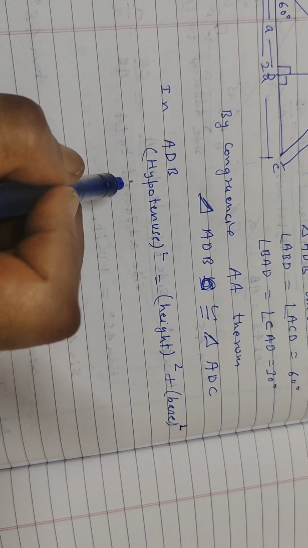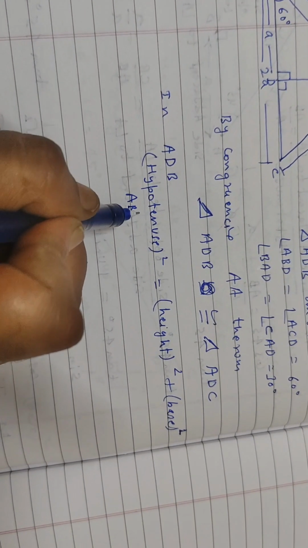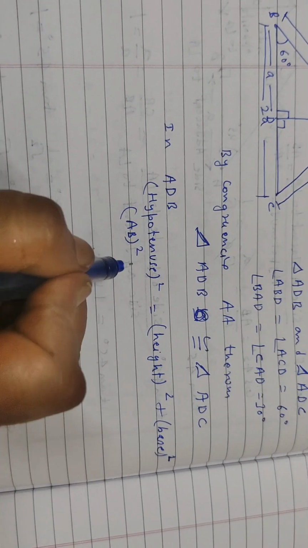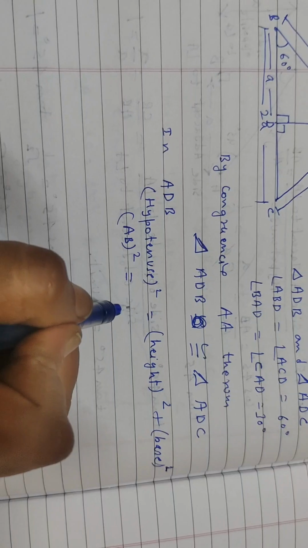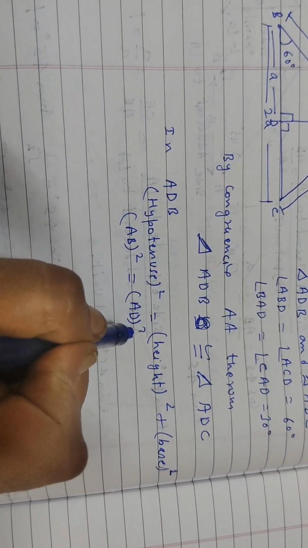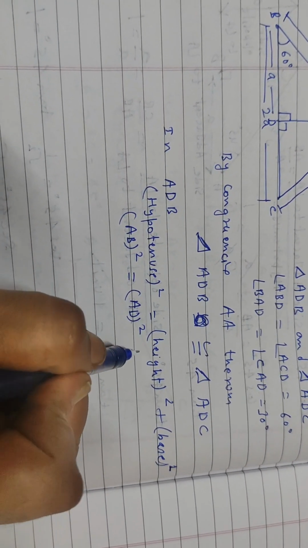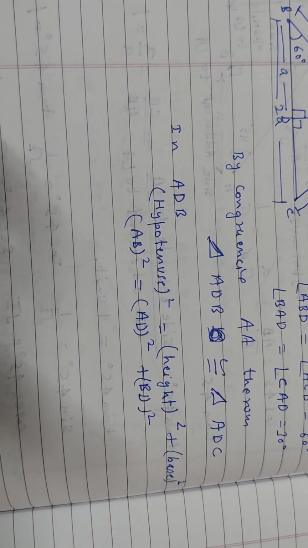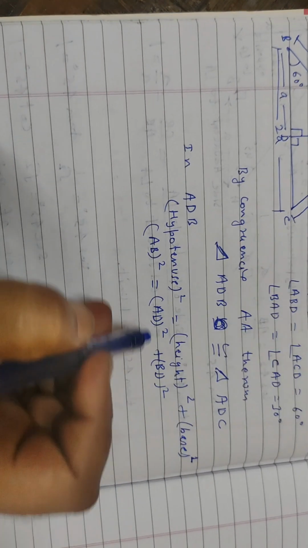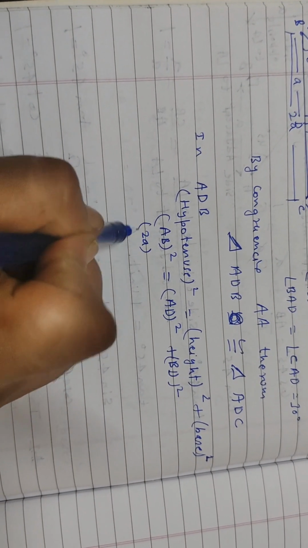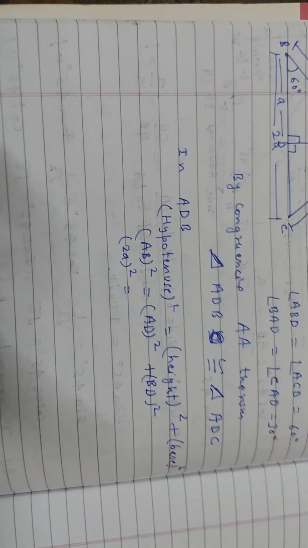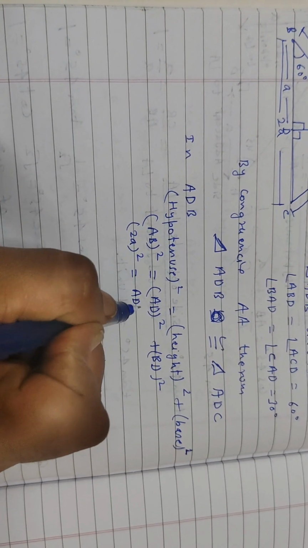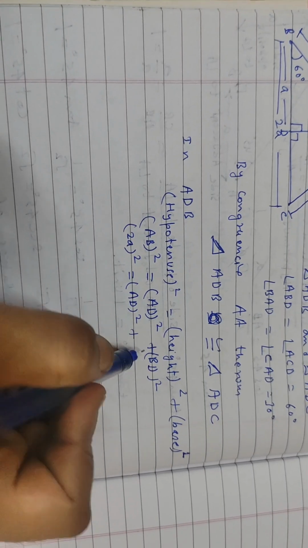So hypotenuse is AB, height is AD, plus BD. AB length is 2A, AD length is unknown, and BD is A.